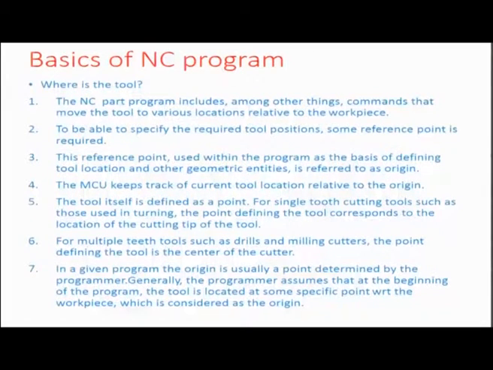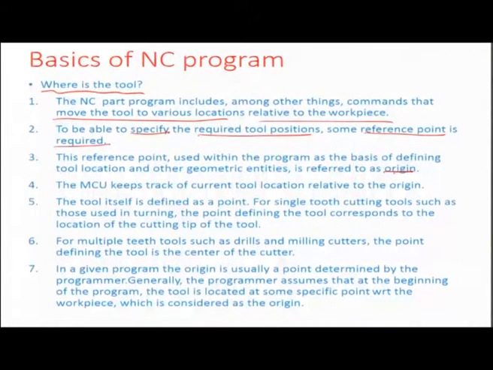The other question that needs to be addressed is where is the tool? The NC part program includes, among other things, commands that move the tool to various locations relative to the workpiece. To specify the required tool positions, these specifications need to be with reference to some point known as the origin.